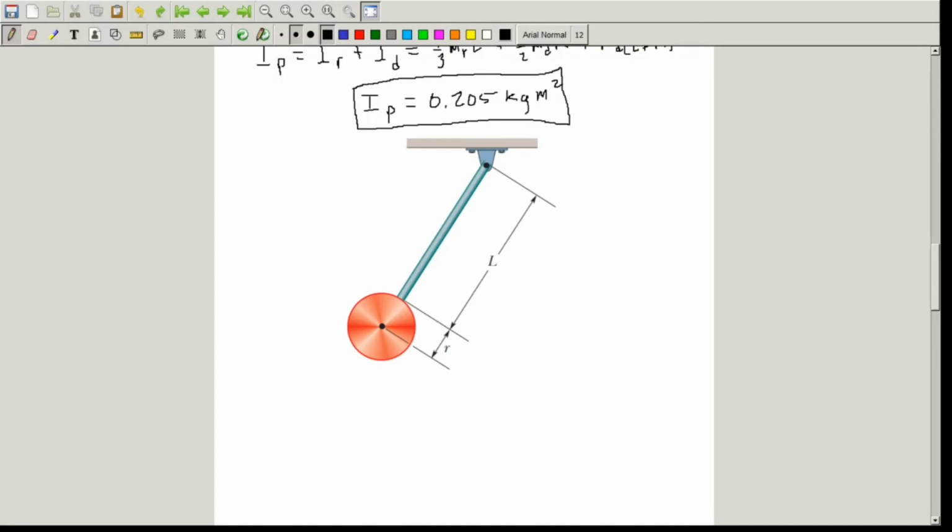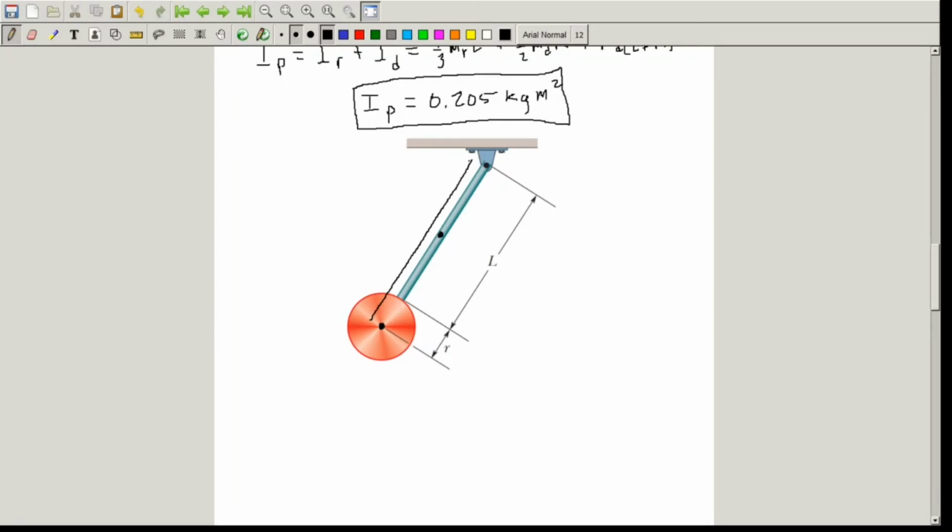So for part B, what we need to do is find the center of mass of the full pendulum. So nicely enough, we can treat the disc and the rod as two separate point masses centered at their center of mass along the axis that runs through the pendulum.